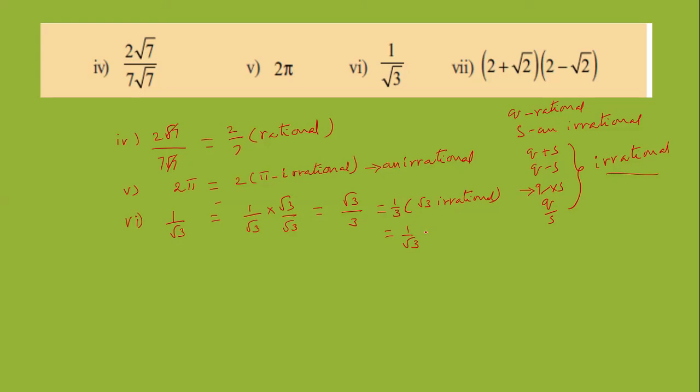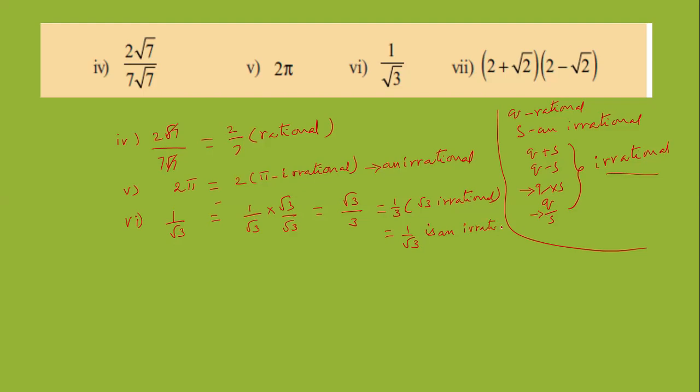Otherwise, you can say as per the law already written on the right side corner, 1 is a rational, root 3 the denominator is an irrational, that means Q by S. Q by S gives us an irrational.